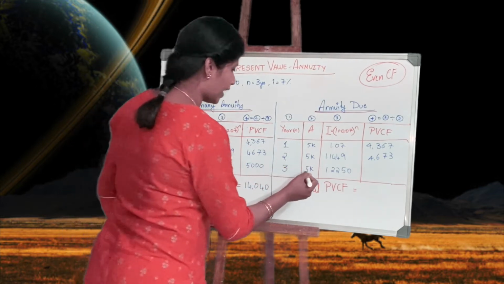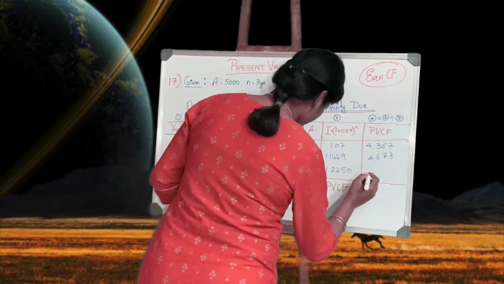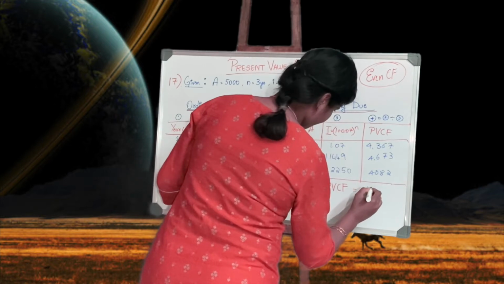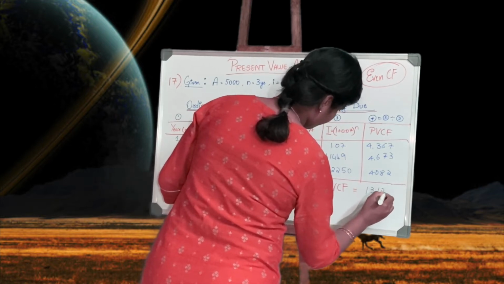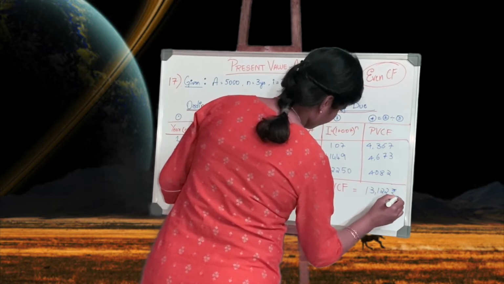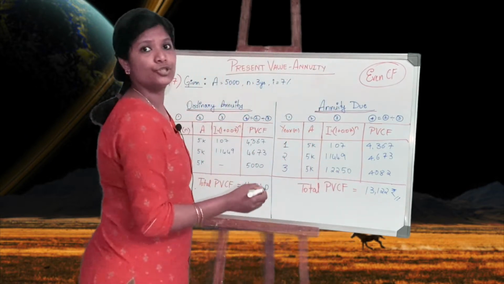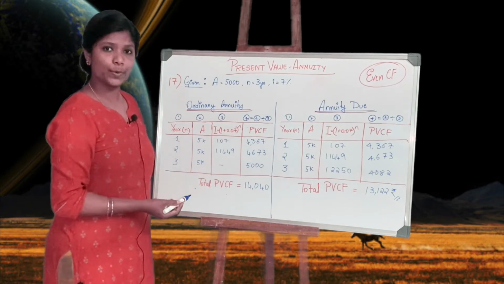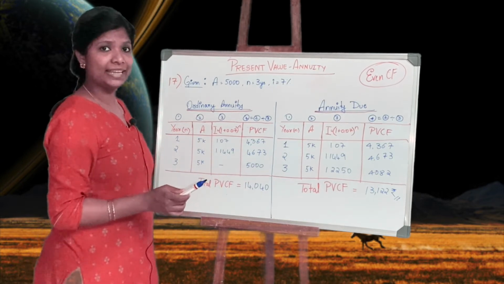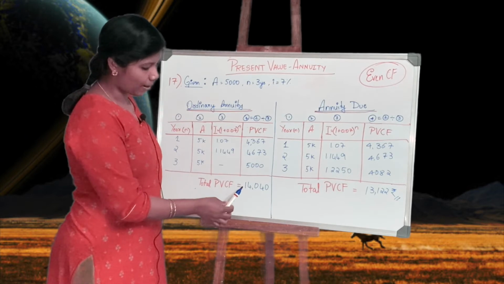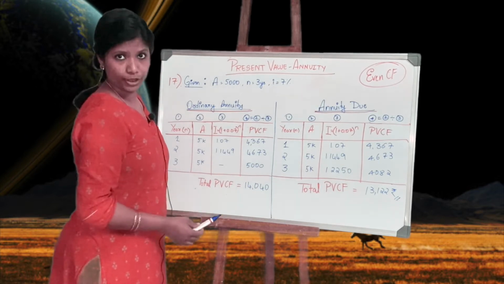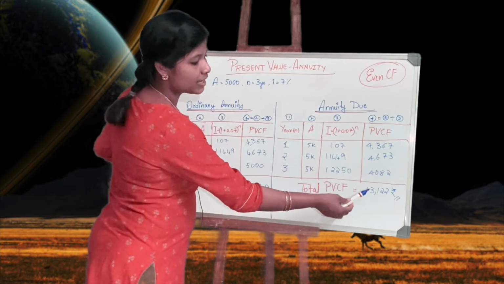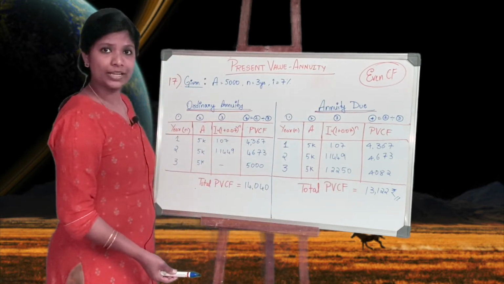So the last one is 5,000 divided by 1.2250, which is 4,082, which amounts to 13,122 rupees. So in the table format, if payments are made at the end of the time period, my amount is 14,040 rupees. If payments are made at the beginning of the time period, my answer is 13,122 rupees.